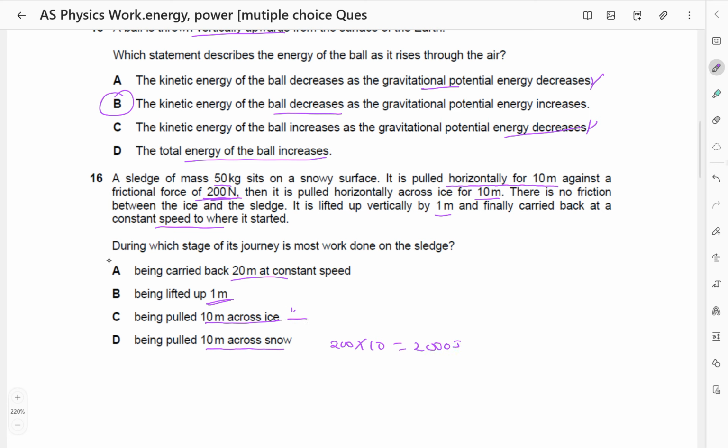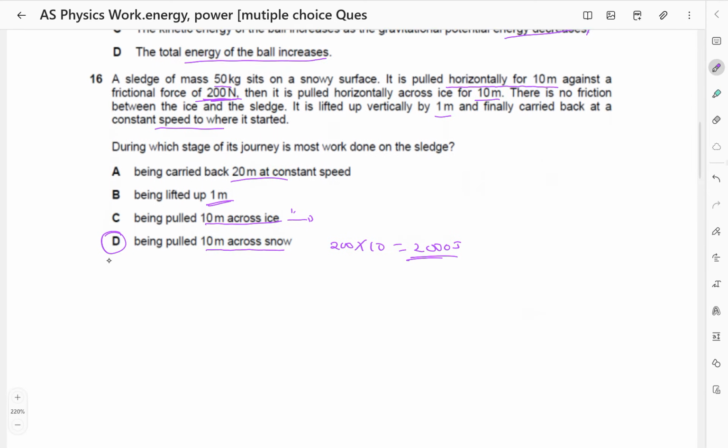Yet here, there is no friction, there is no frictional force. So the work done here will be just the pulling force times the distance. So our answer is going to be D, because there is too much friction force on the snowy surface, so the total work done will be greater because of the frictional force of 200 newtons. So the answer is D.